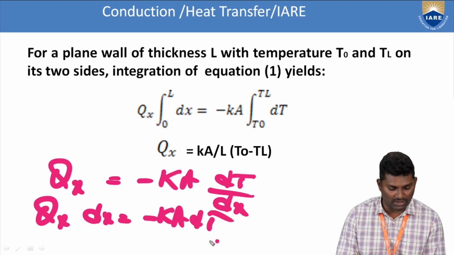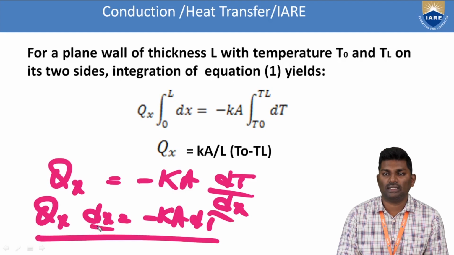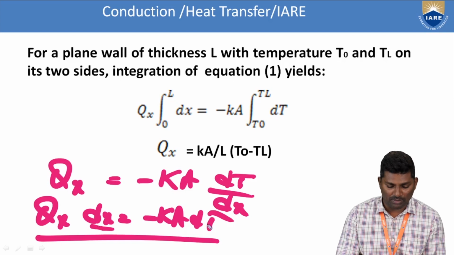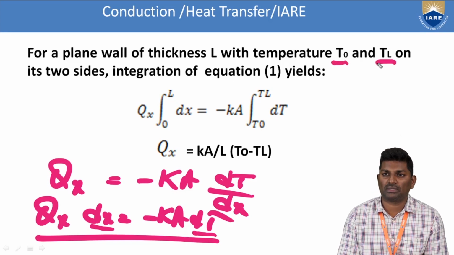Okay, now I integrate this equation with the limits. Since x is changing along the x direction from 0 to L, and similarly the temperature T is varying from T0 to TL. As we have seen here, T0 and TL are the temperatures at two phases.